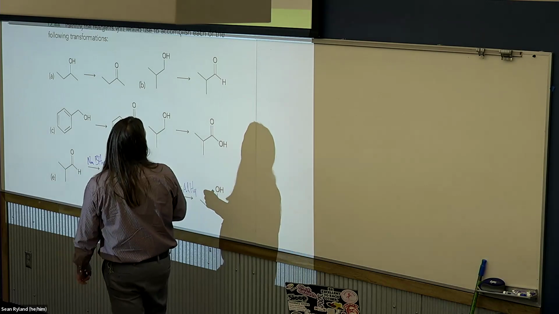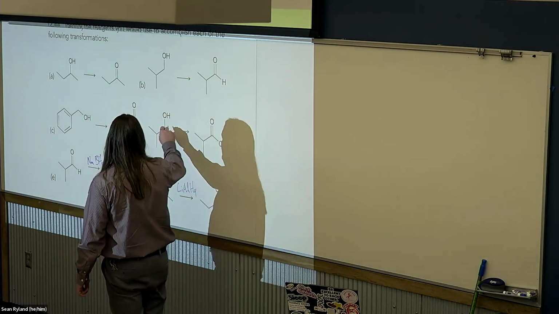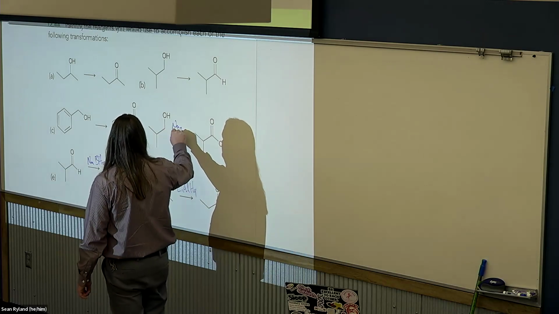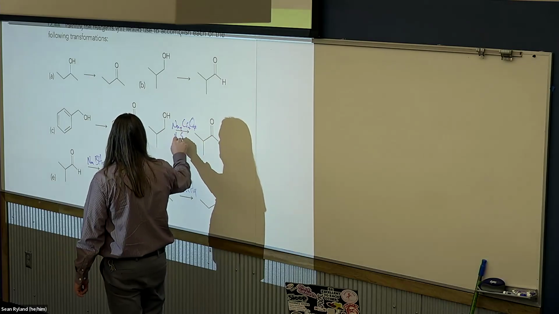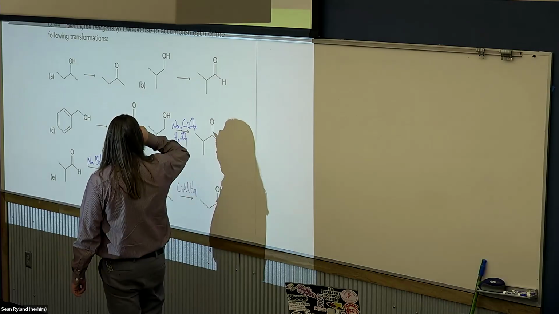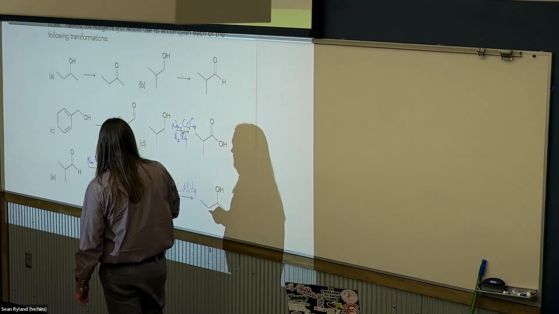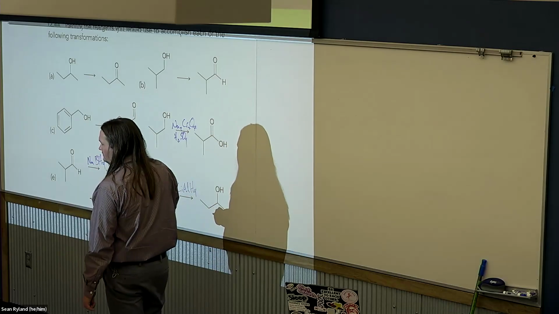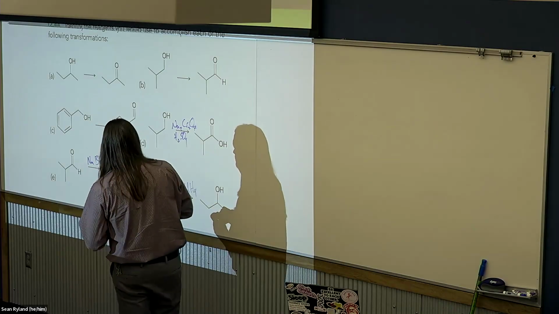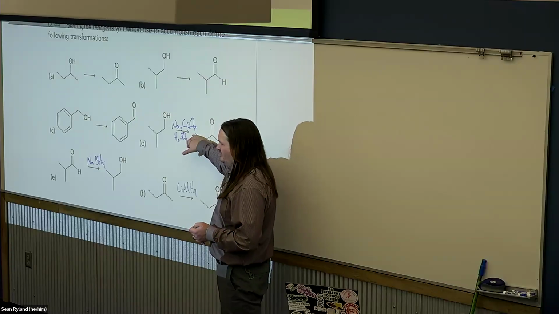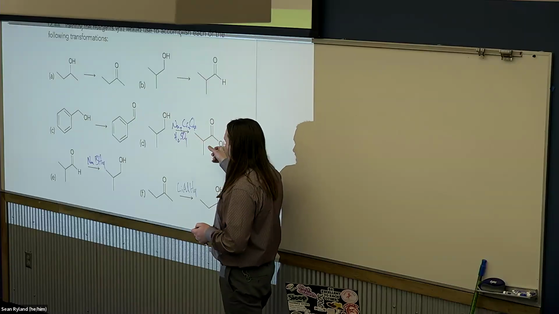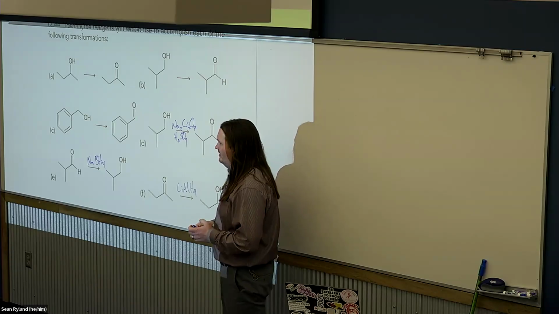And for this one, you've got to use chromic acid. So really it's the only one for this. We try to avoid using this one because of the chromium, but it's the only way we have to get to an acid.